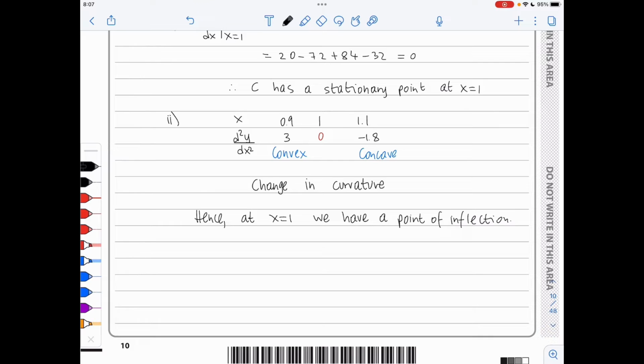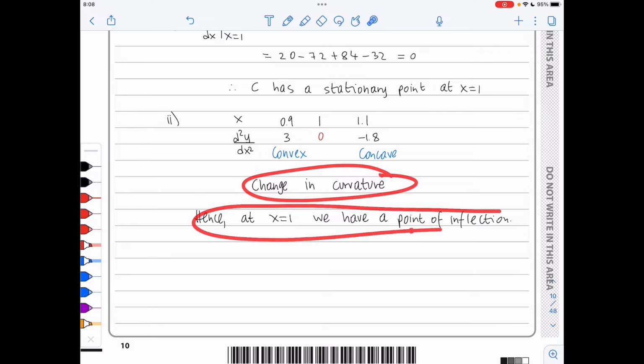So we always need to come up with this table, investigate the sign of the second derivative to the left and the right of what we believe to be a point of inflection, and if it is indeed positive to negative or negative to positive, then we need to state change in curvature and conclusion.